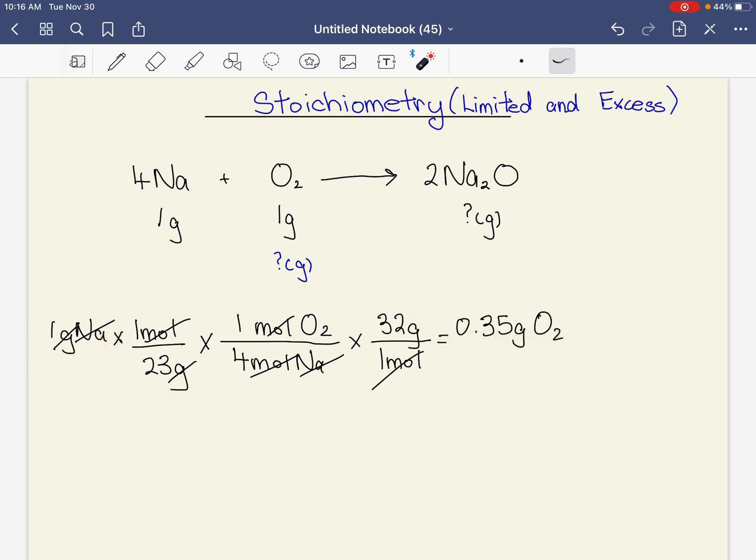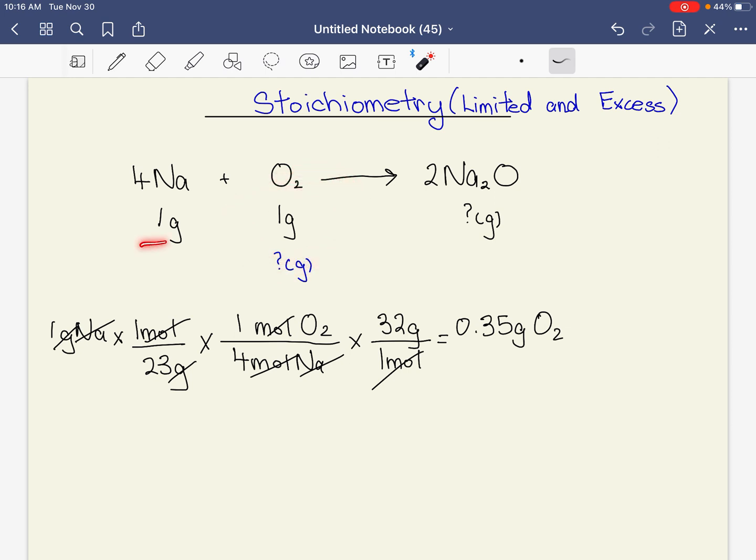Let me say that again. If I have 1 gram of sodium, I need at least 0.35 grams of oxygen for this reaction to go to completion. Well, am I given more or less of O2? Check this out. I'm given 1 gram of oxygen.